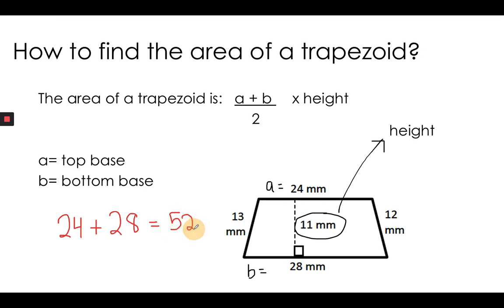Now you have to divide it by 2 to figure out the average. You get 26. So this part we get 26 millimeters, don't forget. And now you have to multiply by your height, which is 11 millimeters.